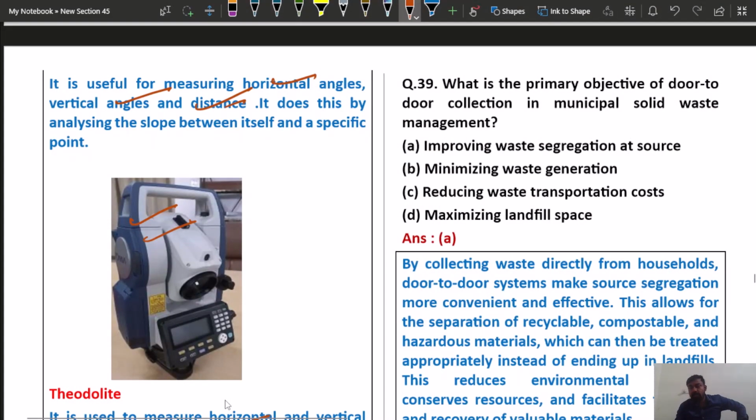What is the primary objective of door-to-door collection in municipal solid waste management? In municipal solid waste management, door-to-door collection of the waste is the strategy to improve the segregation of the waste from the source.